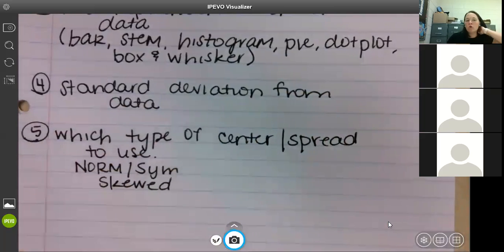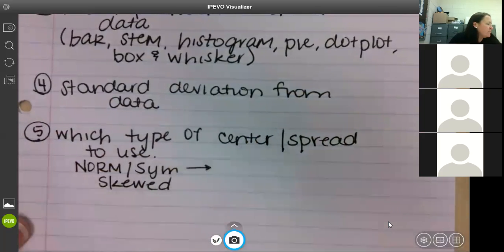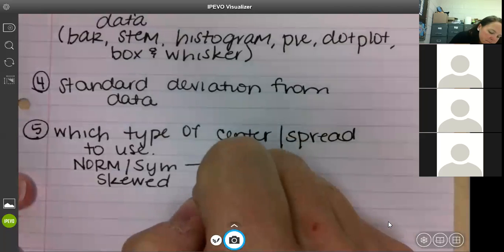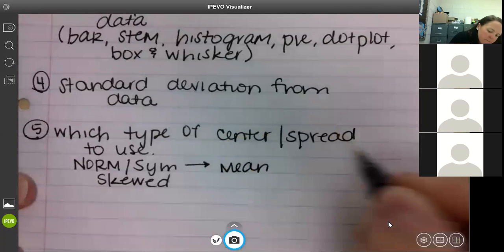And that's between normal or symmetric and skewed. So what do you use for normal and symmetric? The mean. And what spread?